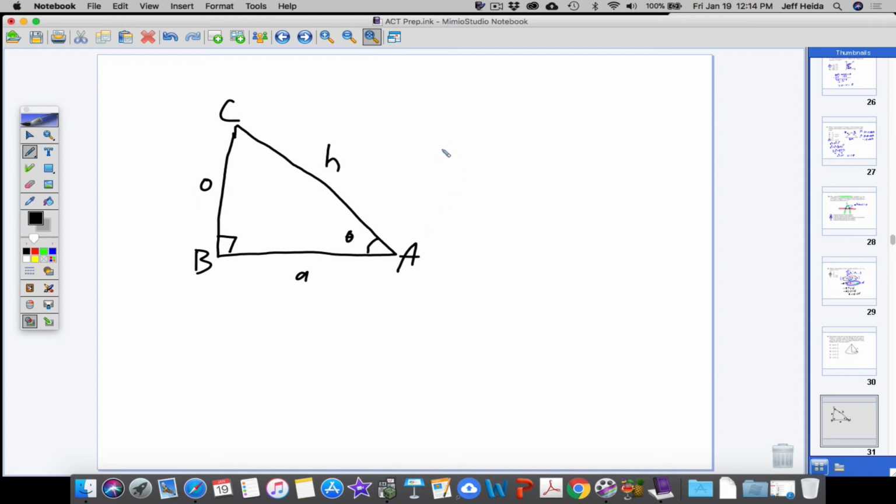So sine of angle A is going to be opposite over hypotenuse. Cosine of A is going to be adjacent over hypotenuse, and tangent of A is going to be opposite over adjacent.